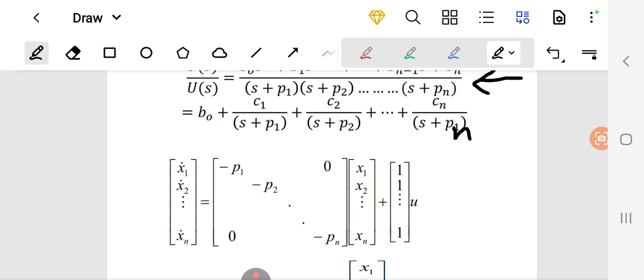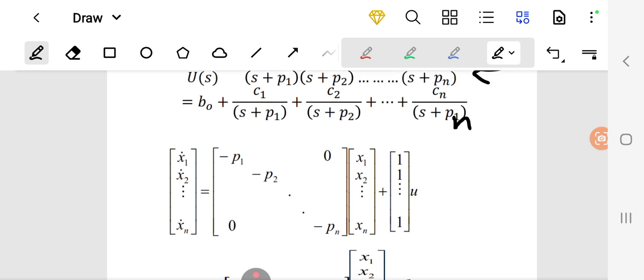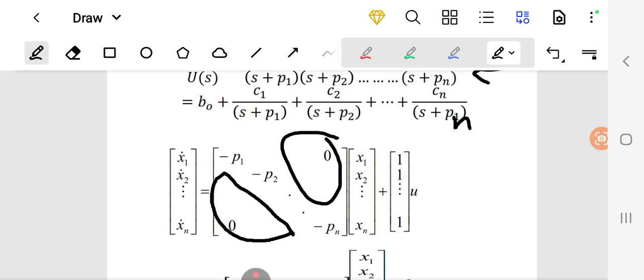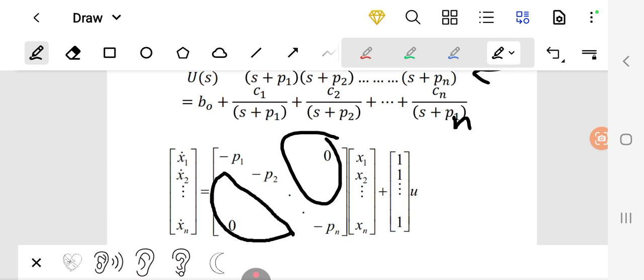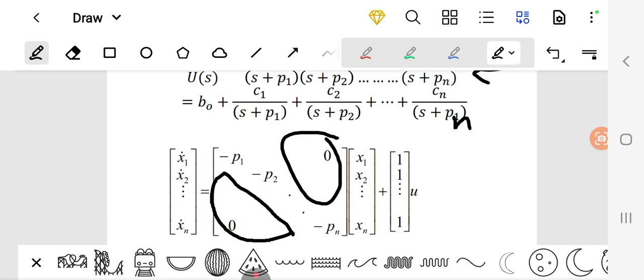For the A matrix, it will be a diagonal with all the poles with negative sign, and above the diagonal is zeros, and the part downwards the diagonal is zeros.